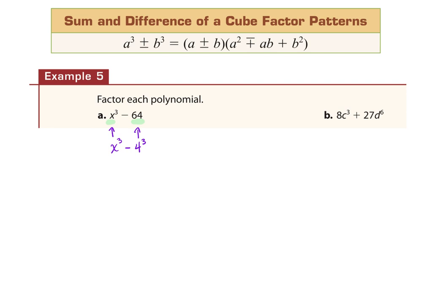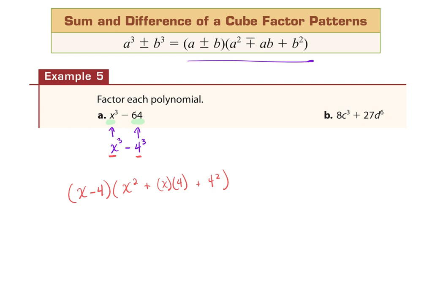And then we are going to just factor it according to this. If this is my A and this is my B, I'm going to start off with x minus 4. That's in the first group. And in the second group, it's the x squared plus the x times the 4 plus the 4 squared.